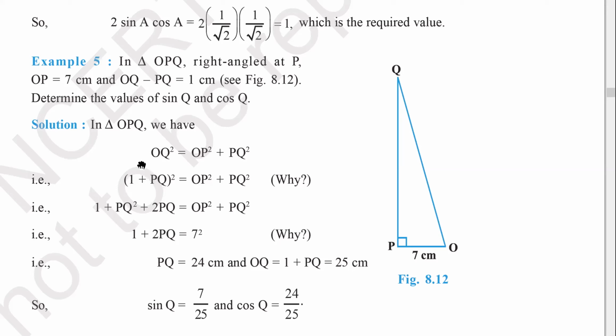Yes, ma'am. By Pythagoras theorem we have written this statement. Now the value of OQ is given in the question: OQ is PQ plus 1. So instead of OQ we'll write PQ plus 1 and we will solve this. We'll get the value of PQ. We'll substitute PQ here, get the value of OQ, and then we will find sin Q and cos Q. Is it clear? Should I solve it?